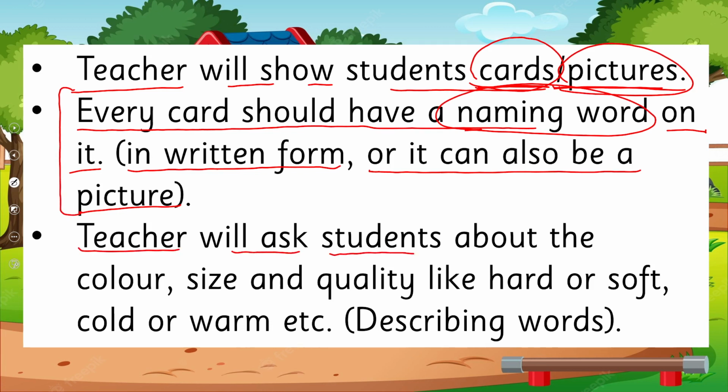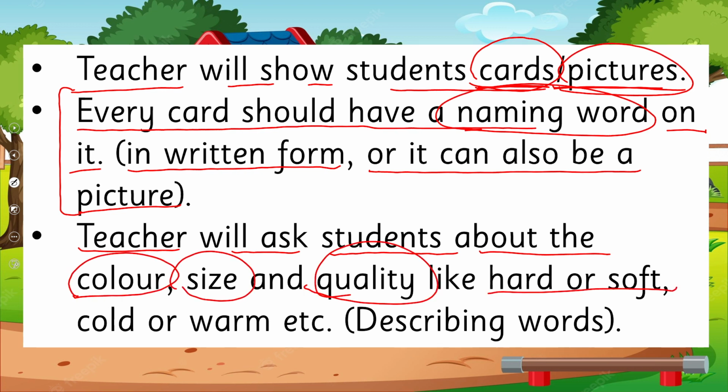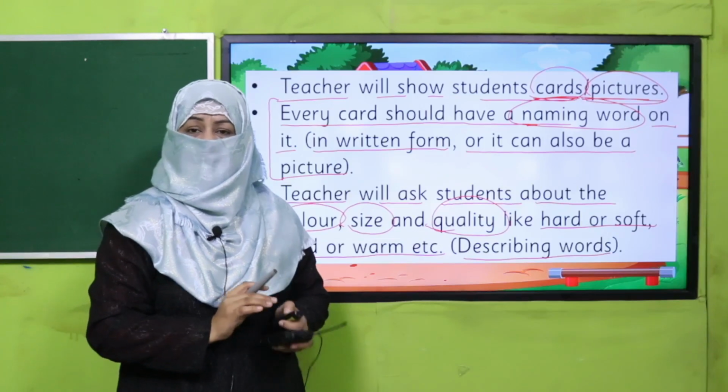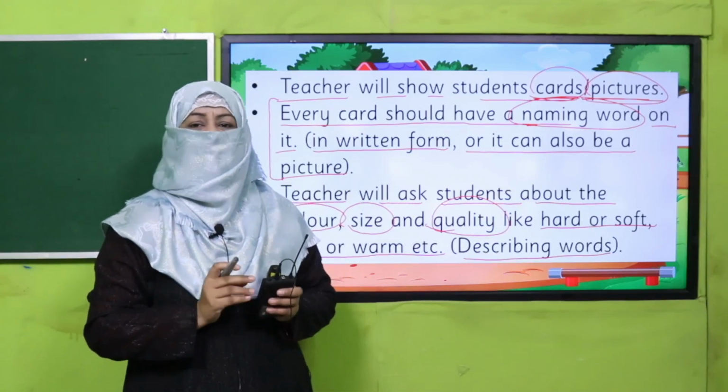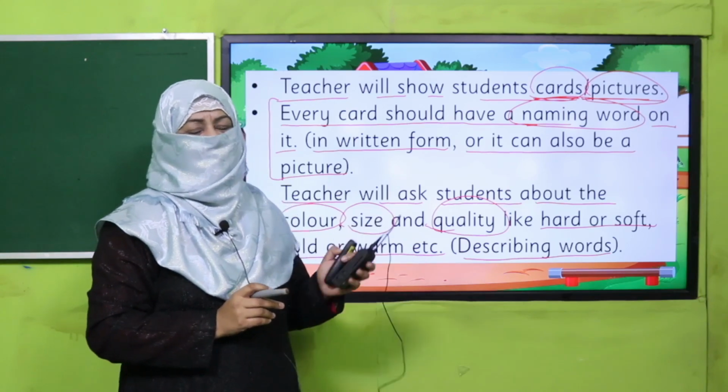And teacher will ask students about the color, size, and quality, like it's hard or soft, it warm or cold, etc. So students will keep using describing words to describe that object or the picture what teacher is showing to you. So pause the video, enjoy this activity, and then come back.